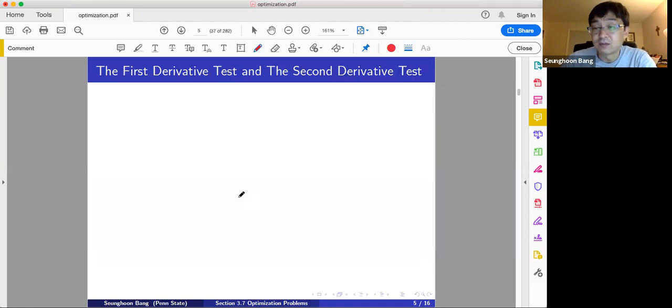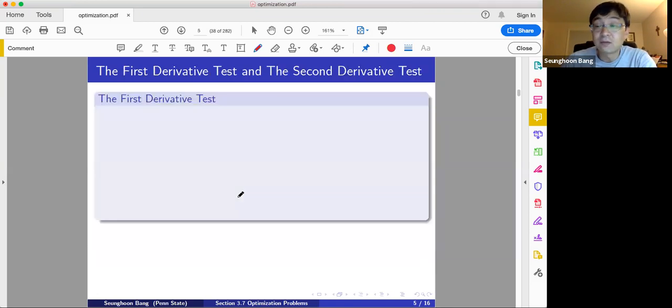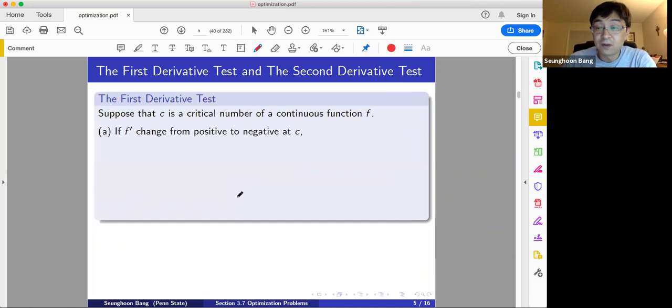What about the first derivative test? Suppose that c is a critical number of a continuous function f. If f prime changes from positive to negative at c, then f has a local maximum at c.